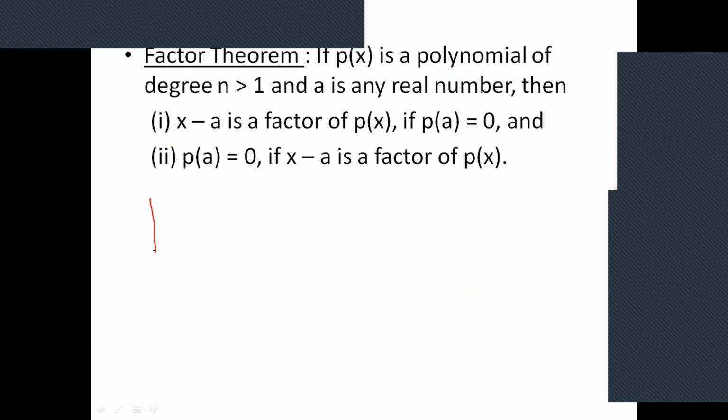Suppose you have p of x and you have x minus a. You want to divide this.